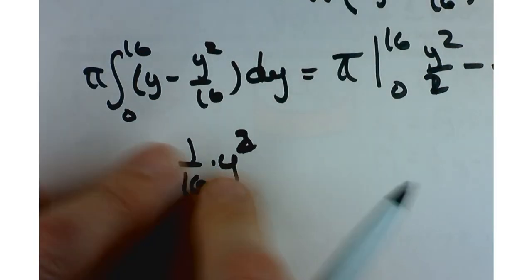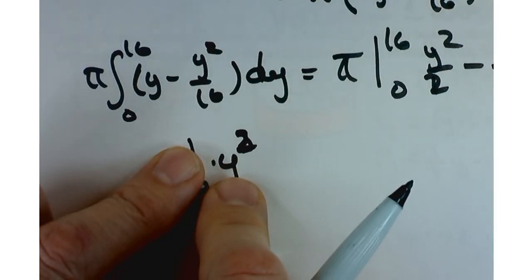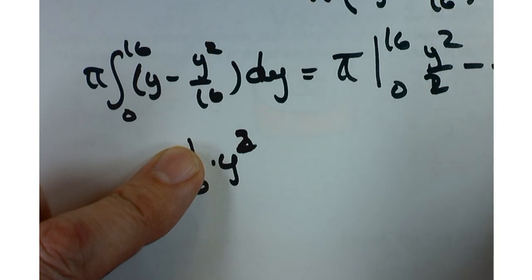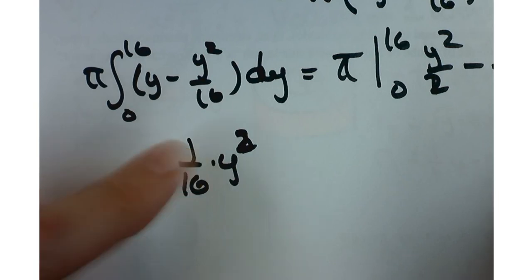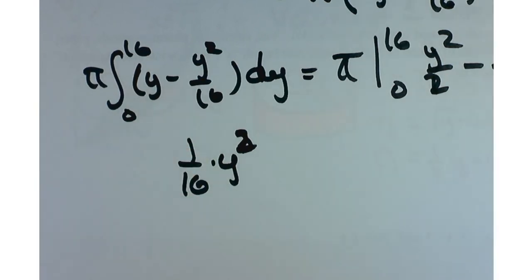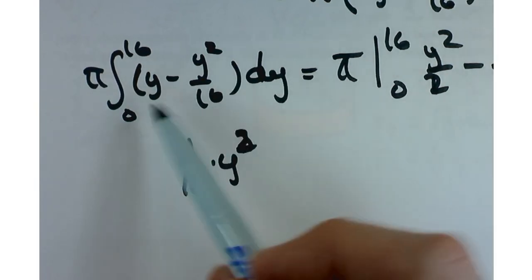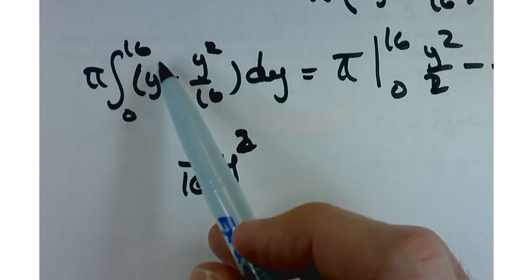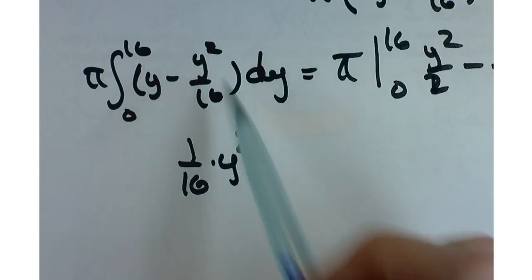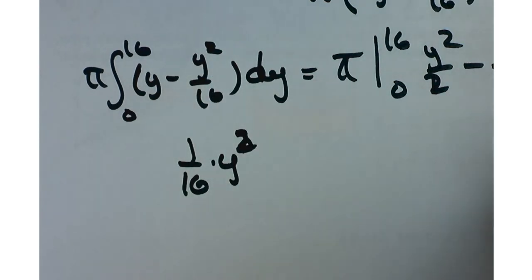What's going to be the antiderivative of this part? It's kind of what you did to this one. Add 1 to the exponent, divide by that same exponent. So if you add 1 here and divide by that same exponent, what would that give us? Y cubed over 3? Yeah. All right, good, thank you.